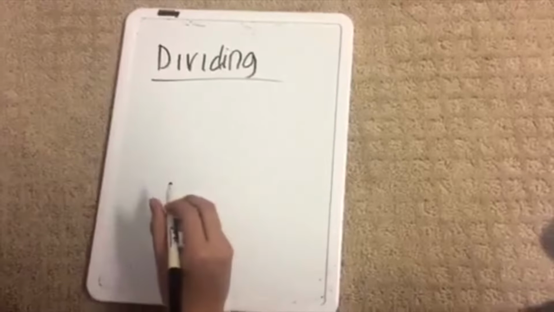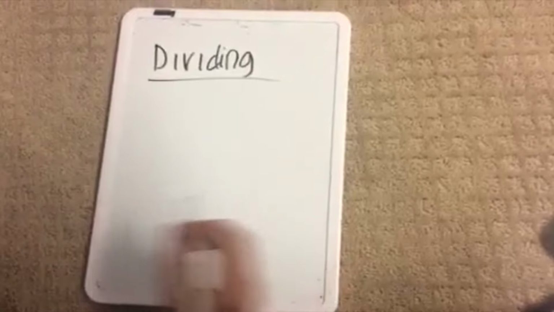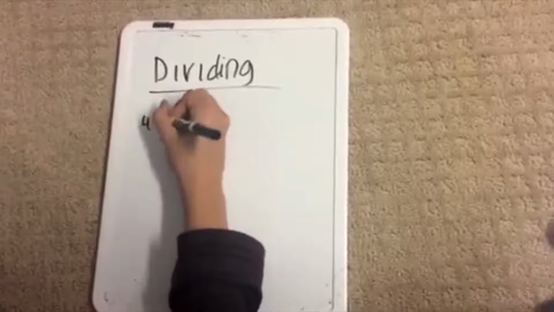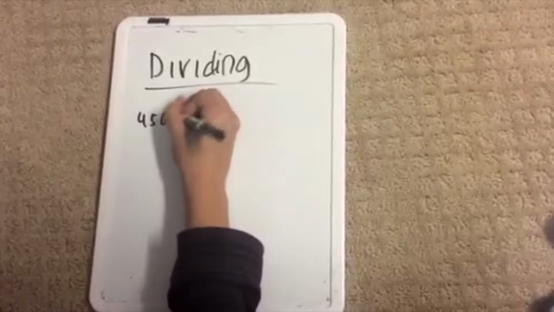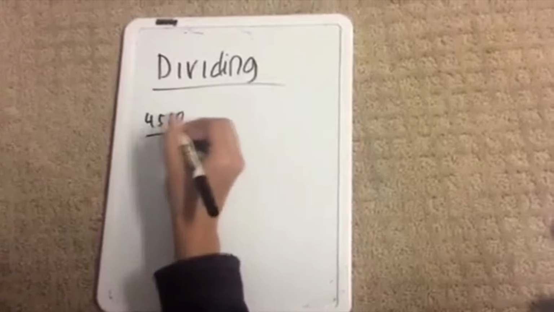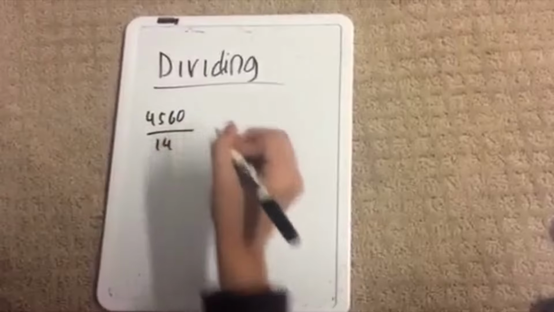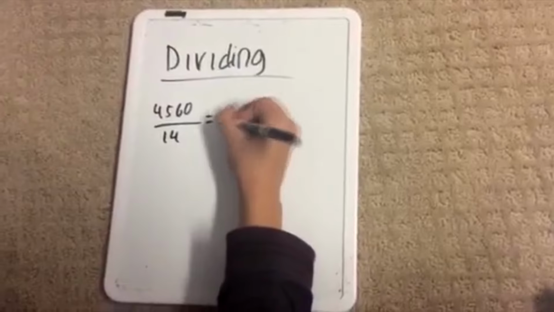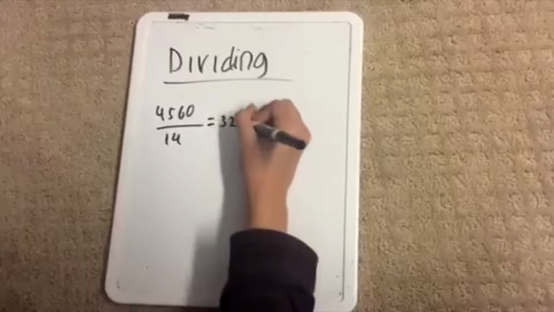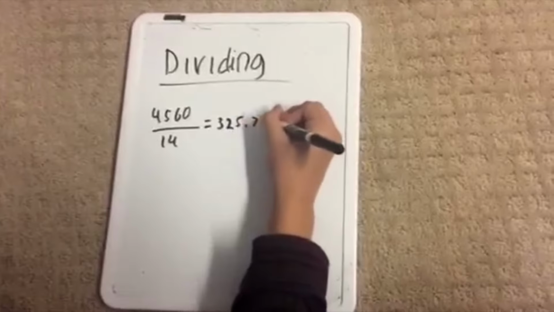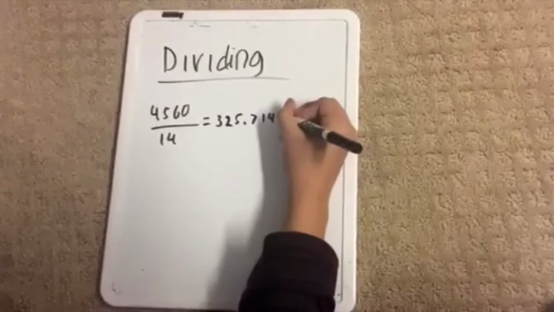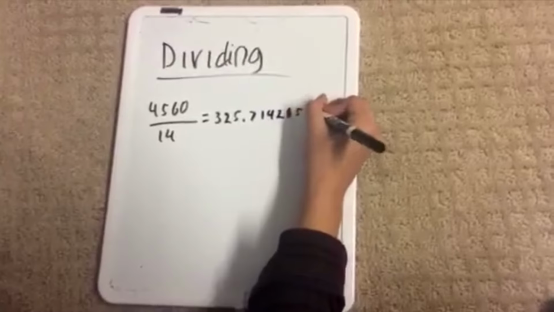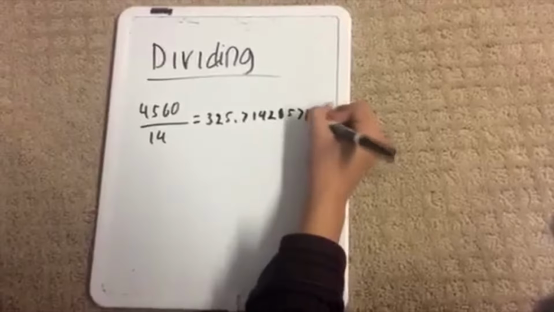So I'm going to show you an example of how to divide. So let's say we have 4,560 over 14. You would get 325.428571 4.